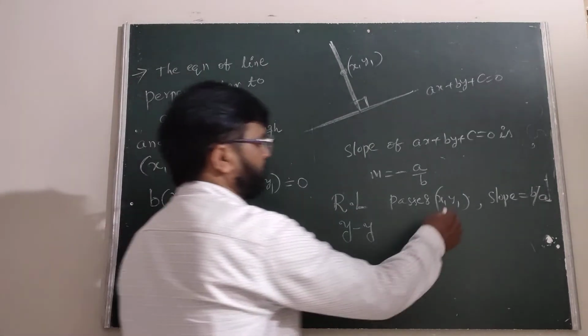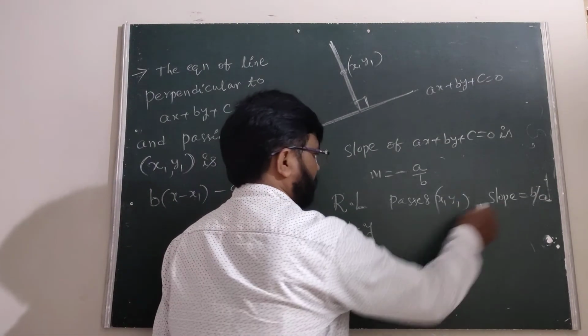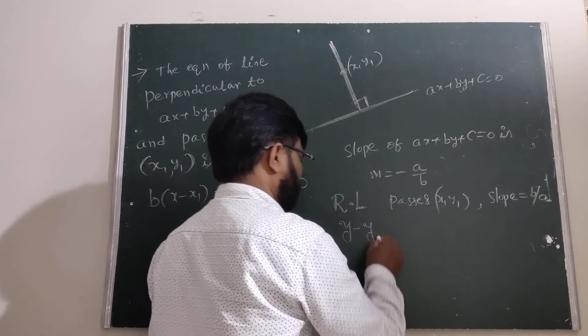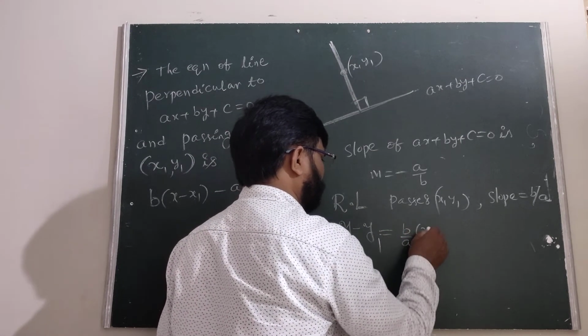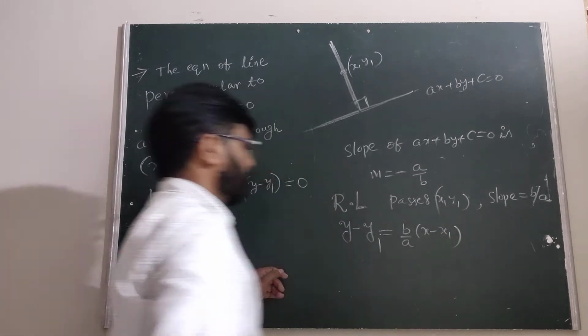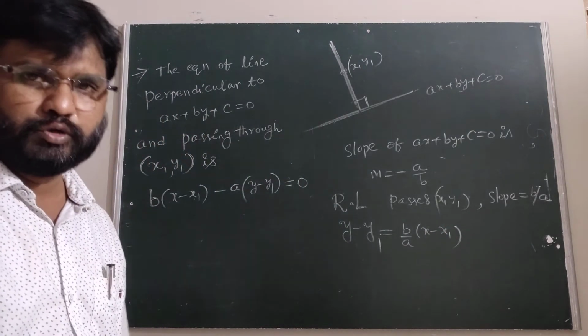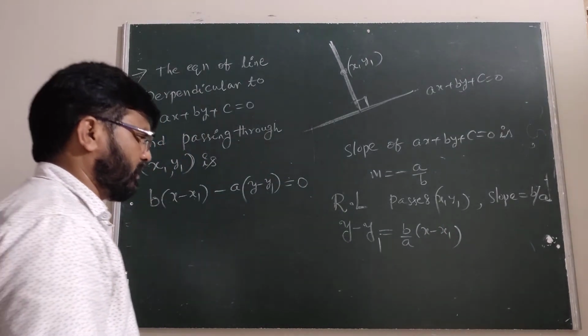Therefore the required line passing through (x1, y1) with slope b/a is y - y1 = (b/a)(x - x1).